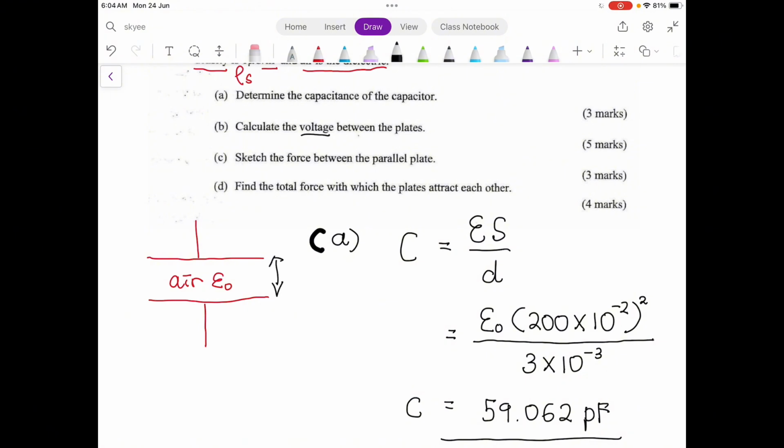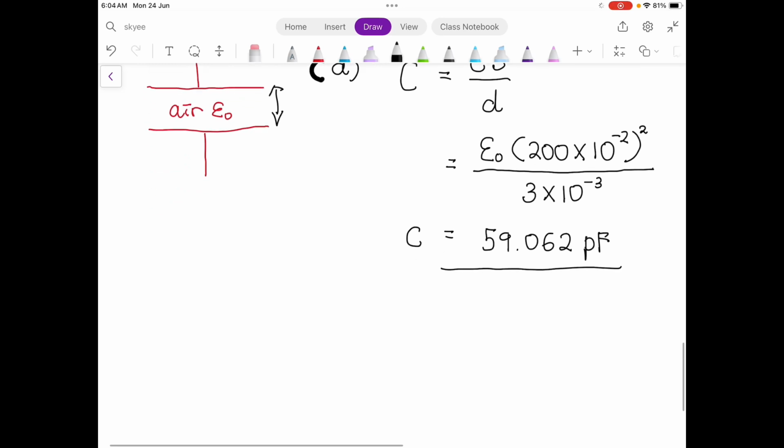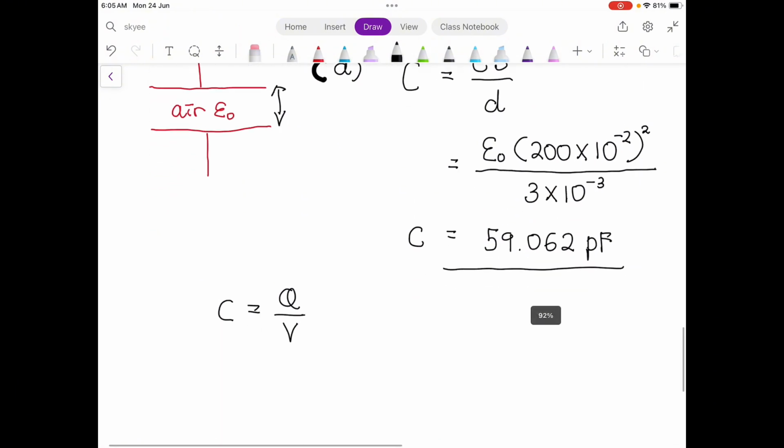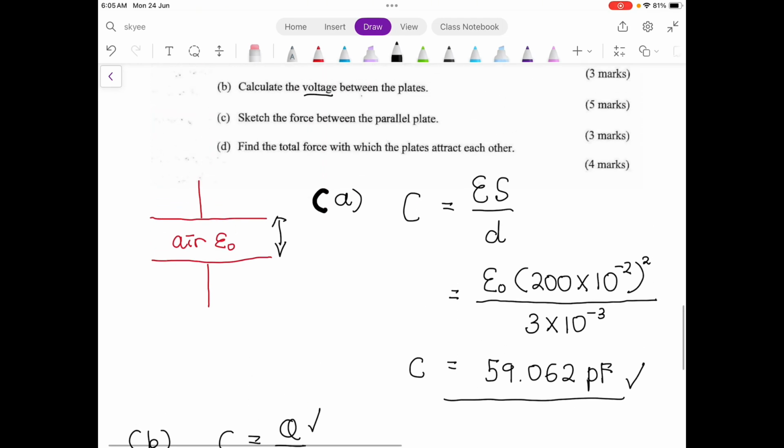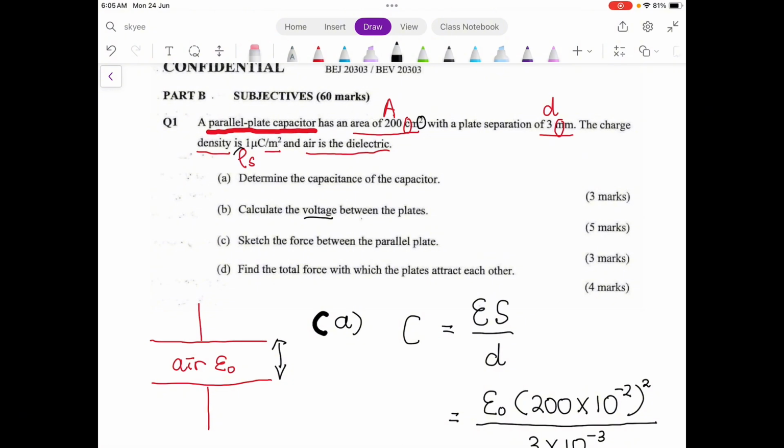Okay, the voltage. If you remember, the general equation for any kind of capacitor is C equals Q over V. In this case, you already know C, because you calculated it in question A. And the Q, you can find based on the information of rho x that is given.